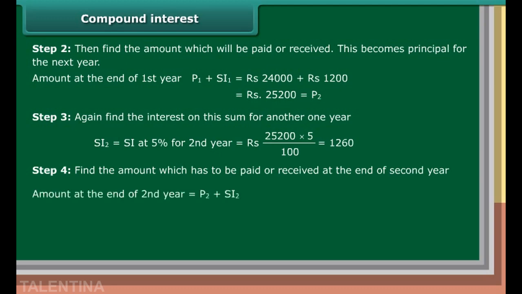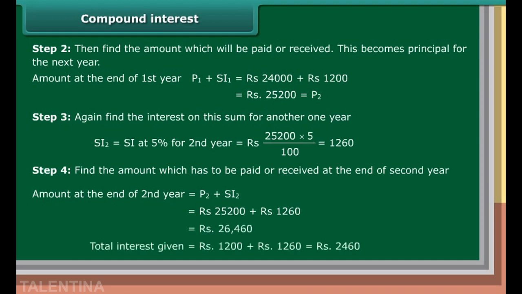Amount at the end of the second year is equal to P2 plus SI2, which is equal to rupees 25,200 plus rupees 1,260, which is equal to rupees 26,460. Total interest given is equal to rupees 1,200 plus rupees 1,260, which is equal to rupees 2,460.